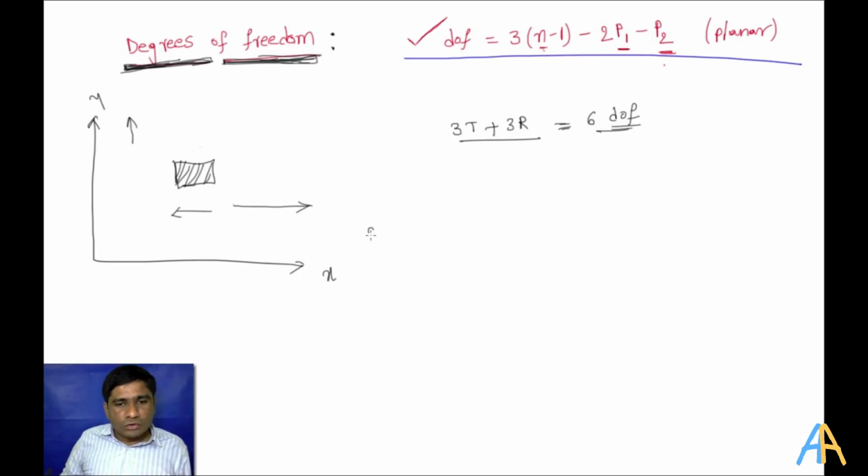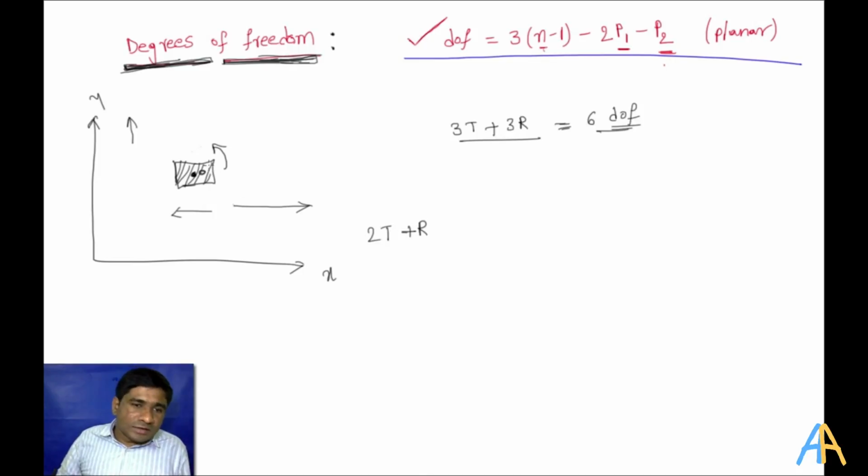So it has 2 translational motions, because the z-axis is missing, it cannot translate or go out of the plane. And if I put my finger at this point O and rotate this body like this, it can also rotate about the axis that is coming out of the plane. So it has 1 rotation also.